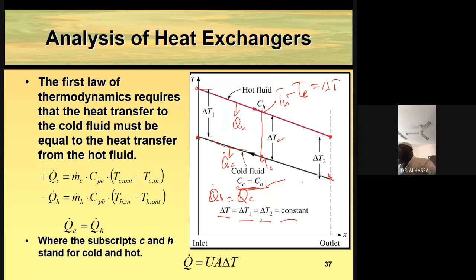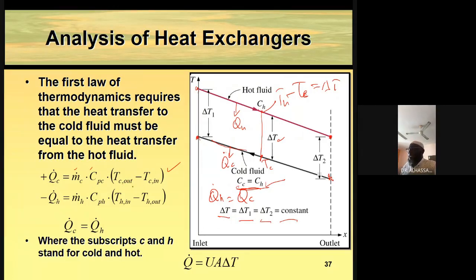As far as energy balance is concerned, it is give and take. So I lose 10 ringgit and then you gain 10 ringgit. That's the concept over here. The same amount of energy lost by the hot fluid should be equivalent to the amount of energy gained by the cold fluid, so the amount of heat gained by the cold fluid is the mass flow rate of the fluid times the specific heat capacity at constant pressure times what? Delta T.